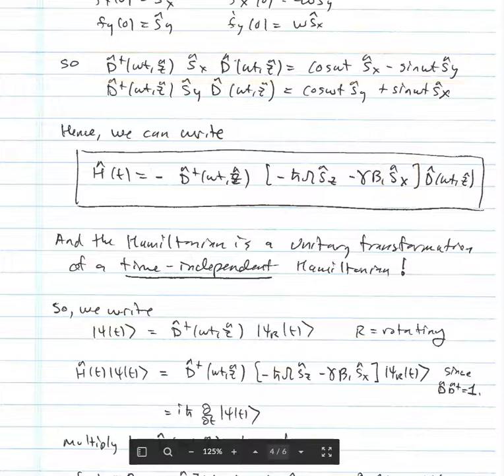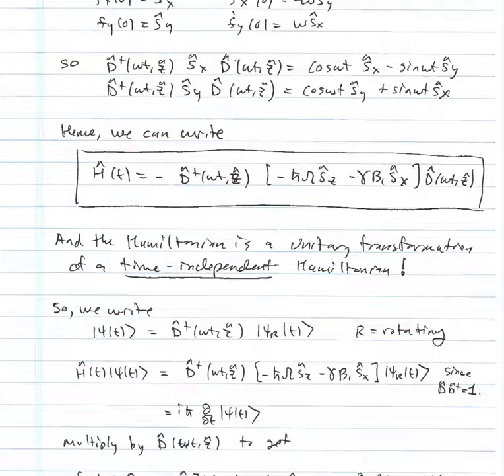Now, what we've done here is really quite remarkable. We have taken this time-dependent Hamiltonian and using this similarity transformation, or if you like, a unitary transformation, we have re-expressed it as a time-independent Hamiltonian. This is called going into the rotating frame. And as we had mentioned before, if I go into the rotating frame that rotates at exactly the frequency of this perpendicular rotating frame, that rotating magnetic field no longer looks like it's rotating.